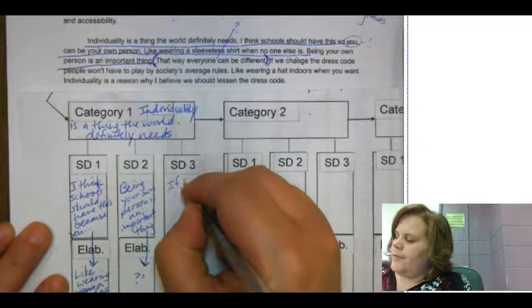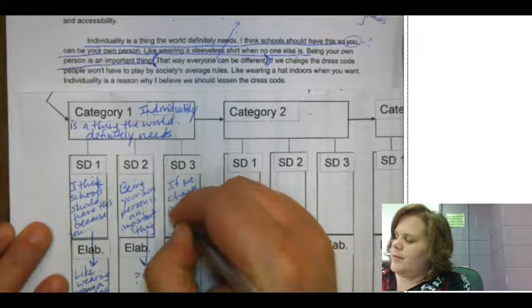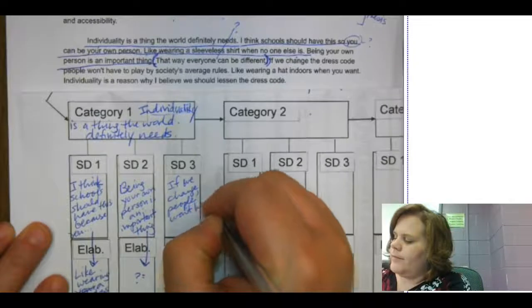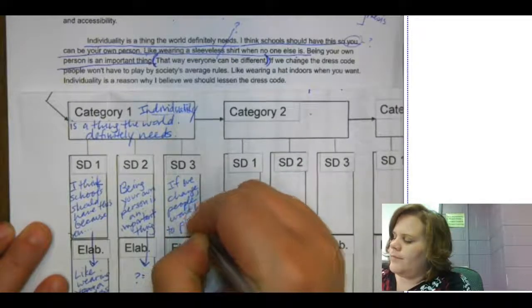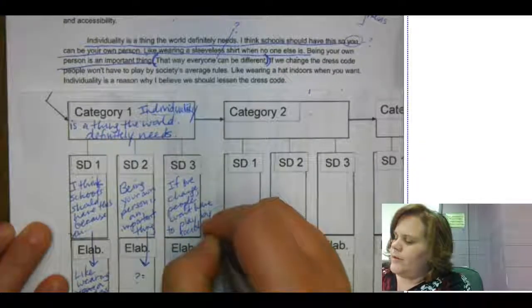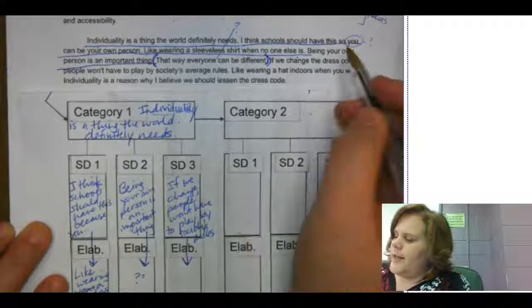Okay, so that talks about individuality. So I'm going to say if we change, people won't have to play by society's rules. So up next should be an example of that.